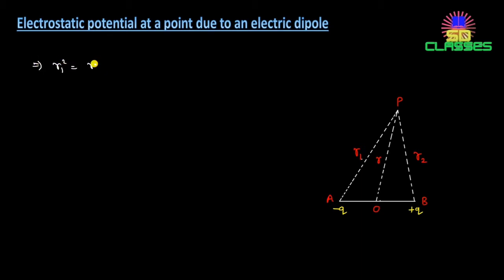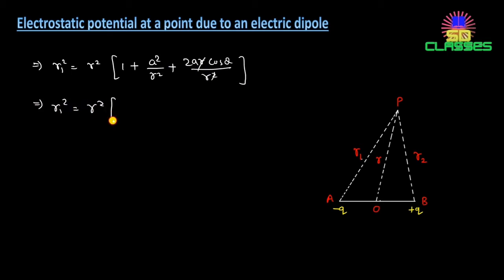Take r square common, then it will be 1 plus a square by r square plus 2a cos theta divided by r. So r1 square equals r square times 1 plus a square by r square plus 2a cos theta by r. Now take the root.